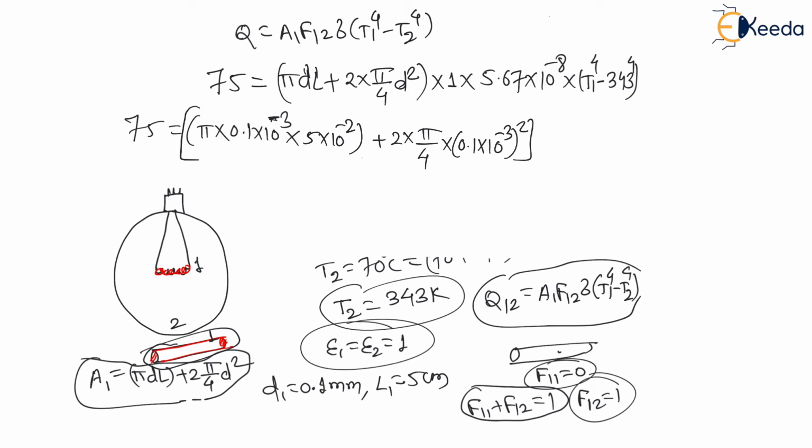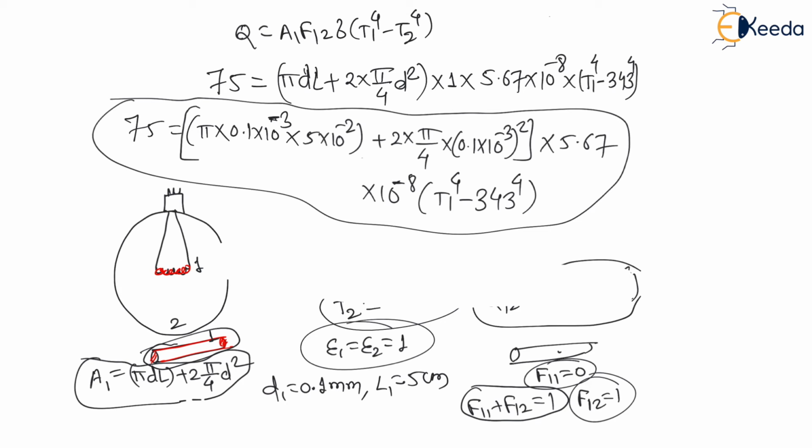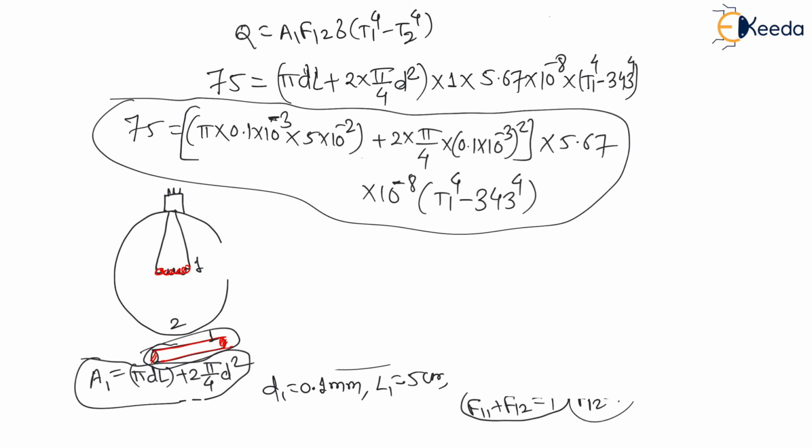This will be the area, into 5.67 into 10 to the power minus 8 into (T1 power 4 minus 343 power 4). Now my dear students, this is school level mathematics. Here only T1 is unknown, so let us solve this equation for T1.